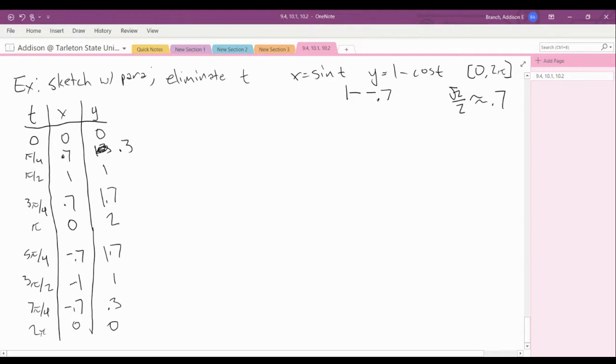So now let's go ahead and sketch our graph. Everything is in the first and second quadrant, so let's just not really bother. So we start off at 0, 0. We move over to 0.7, 0.3.